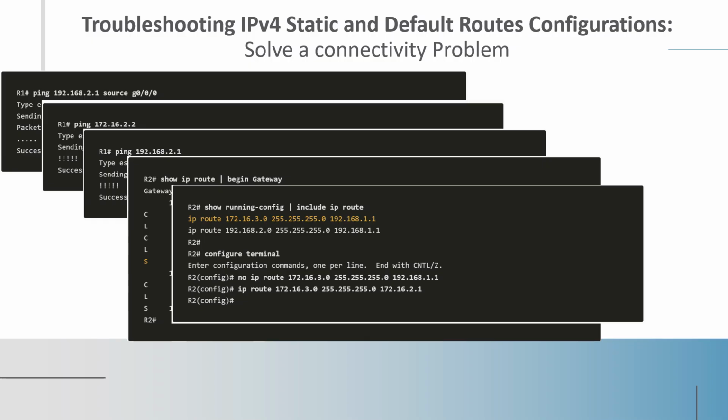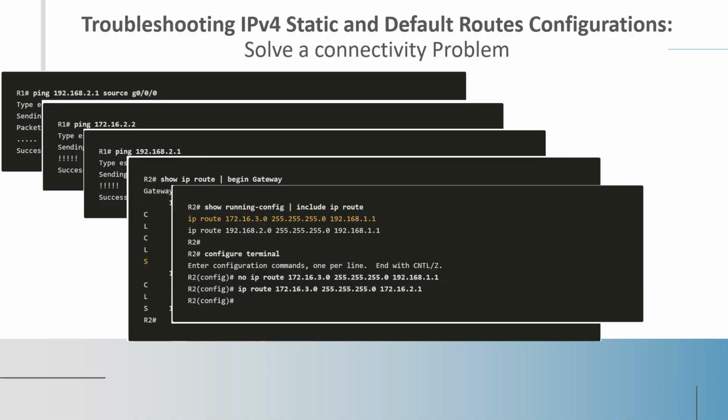With this, we delete this route, and we add the correct route to the routing table by the command ip route 172.16.3.0 followed by the subnet mask and the next hop.